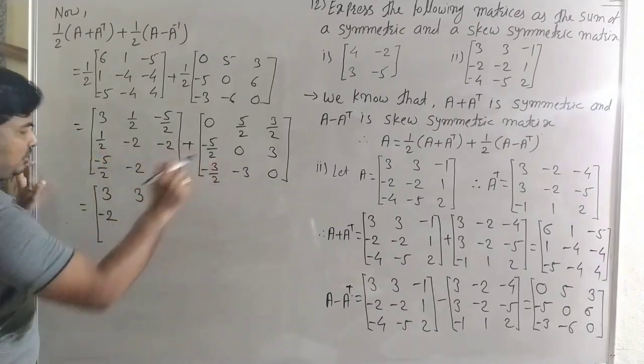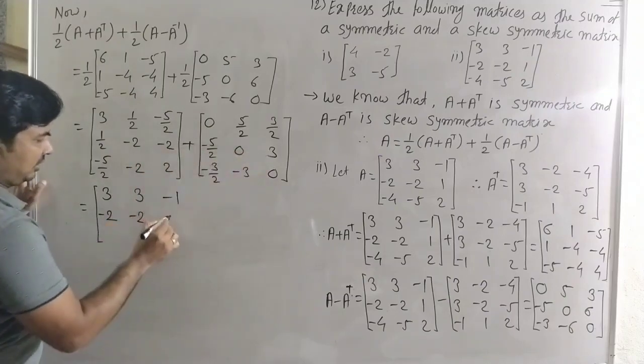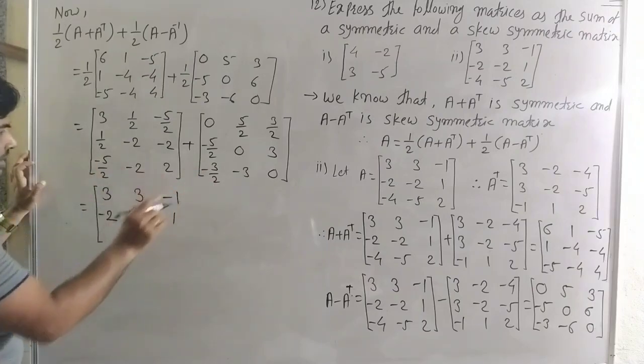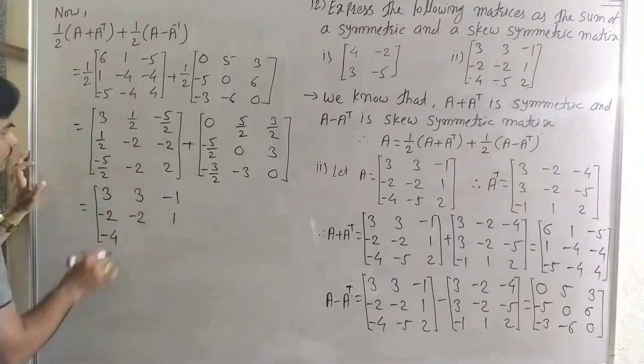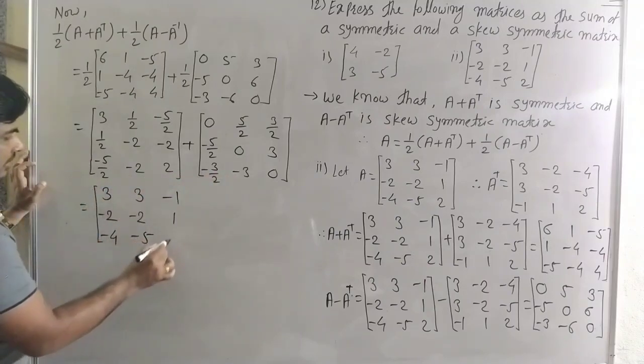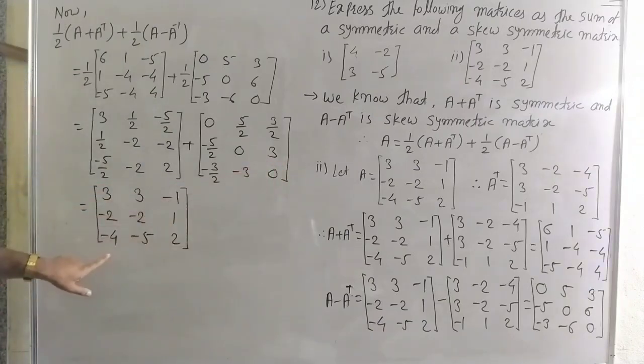Minus 2 plus 0, it is minus 2. Minus 2 plus 3, it is 1. Minus 5 by 2 minus 3 by 2, it is minus 8 by 2, that means minus 4. Minus 2 minus 3, it is minus 5, and it is 2. See carefully this, and this is the matrix A.